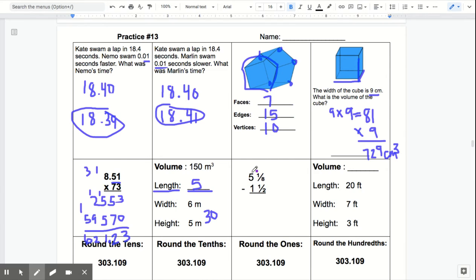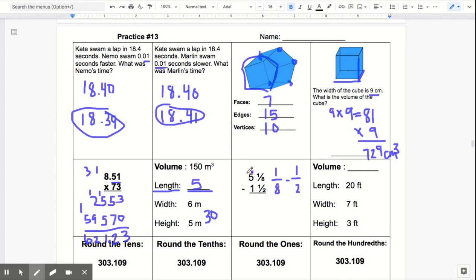Next one is a borrowing problem with fractions because it's subtraction. Remember, we always subtract our fractions first. And on this problem, you probably found out pretty early you can't subtract because 1/8 is smaller than 1/2. So this type of problem, you actually have to do something a little trickier. We are going to have to borrow from the whole number.